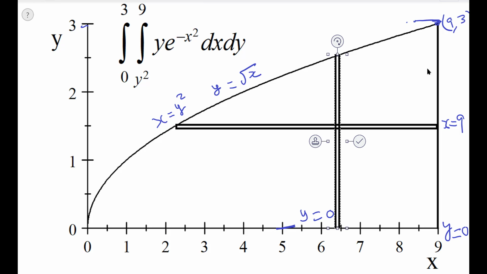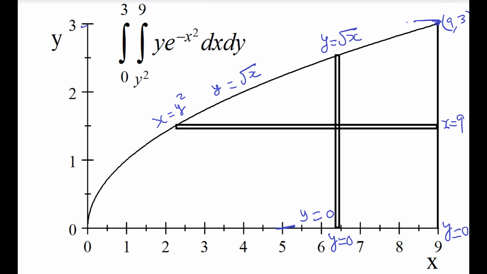Now we are going to integrate with respect to y first, and y is going to vary from 0 to y equals the square root of x.